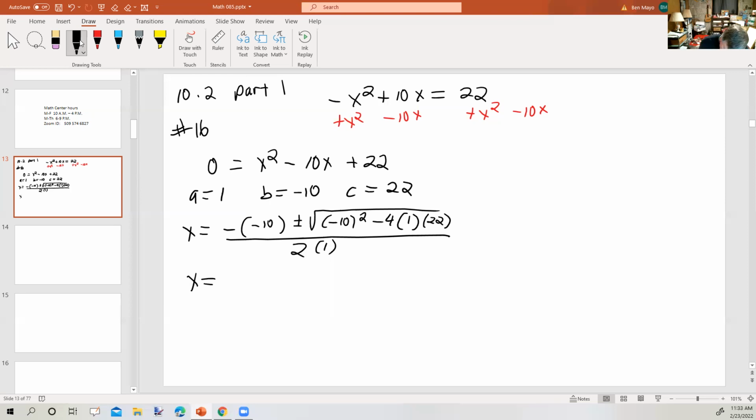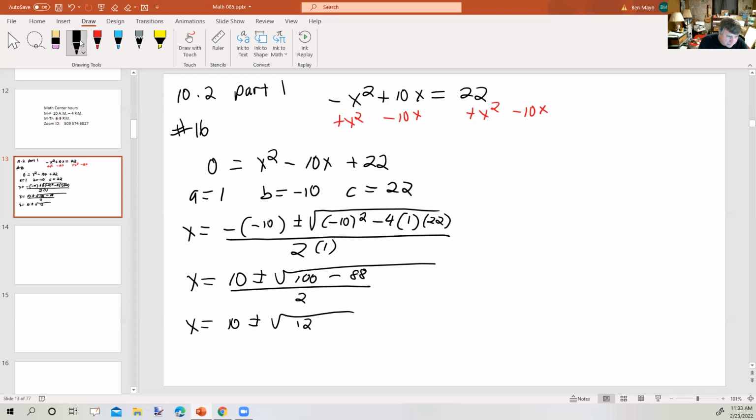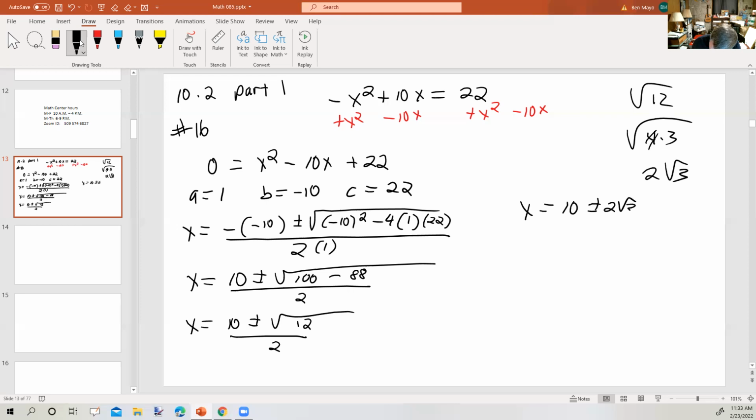So we get x equals 10 plus or minus the square root of 100 minus 88 all over 2. 4 times 1 times 22 is 88. So x equals 10 plus or minus the square root of 12 all over 2. Now the square root of 12 is the square root of 4 times 3, which is 2 square roots of 3. So x equals 10 plus or minus 2 square roots of 3 all over 2.